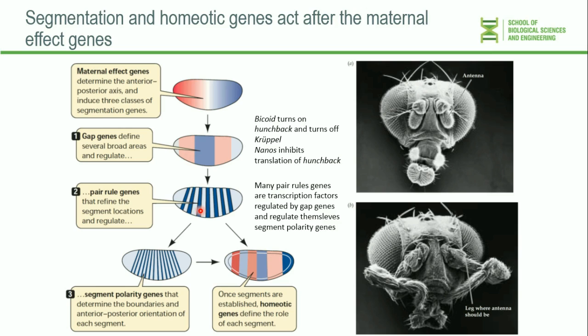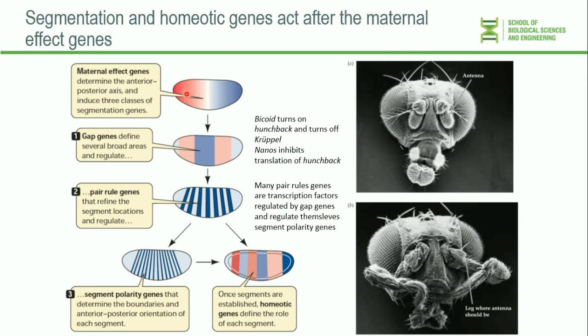And eventually, these pair rule genes, which produce transcription factors, will regulate the segment polarity genes. So we can see there's a cascade of events that all begins with this polarity here.